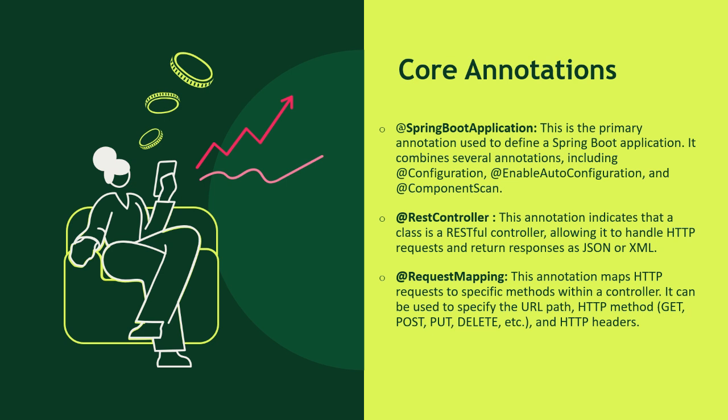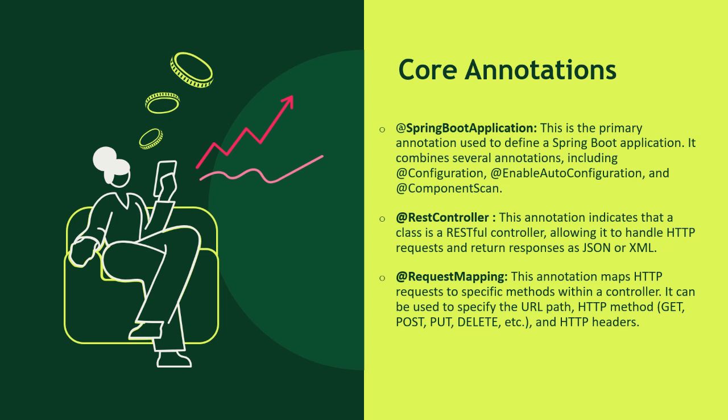From here, you have different mappings defined so that they are mapped to the methods. If you follow the REST architecture, you'll have a different set of methods defined. So the next annotation we are going to talk about is request mapping.